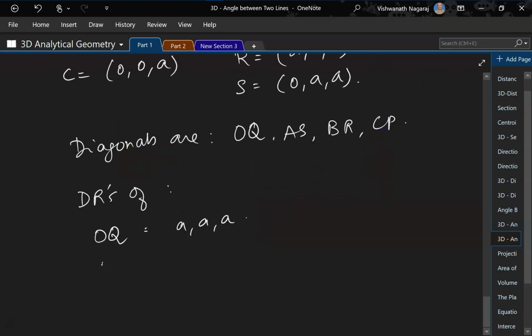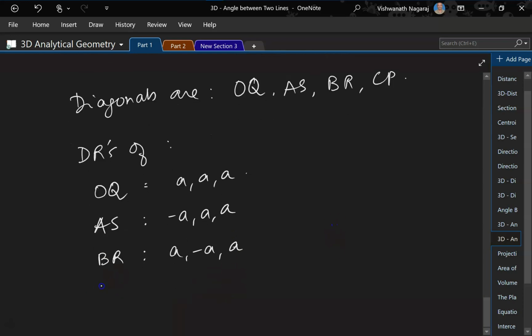So DRs of AS would be minus A, A, A. Of BR is A, minus A, A. And CP is A, A, minus A. Right? Now let's figure out the direction cosines.